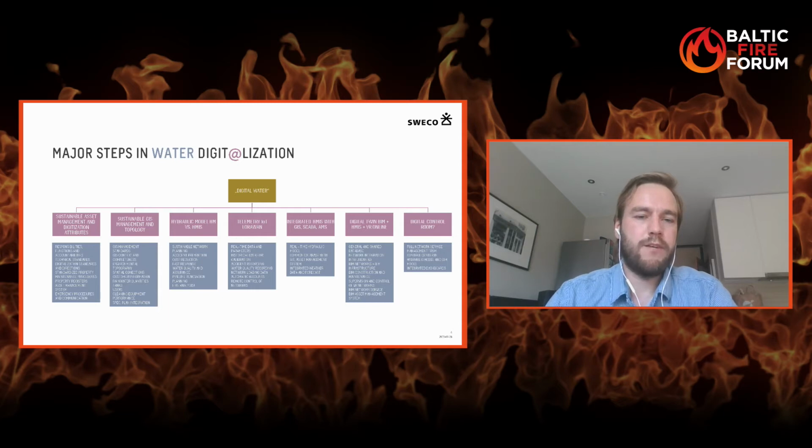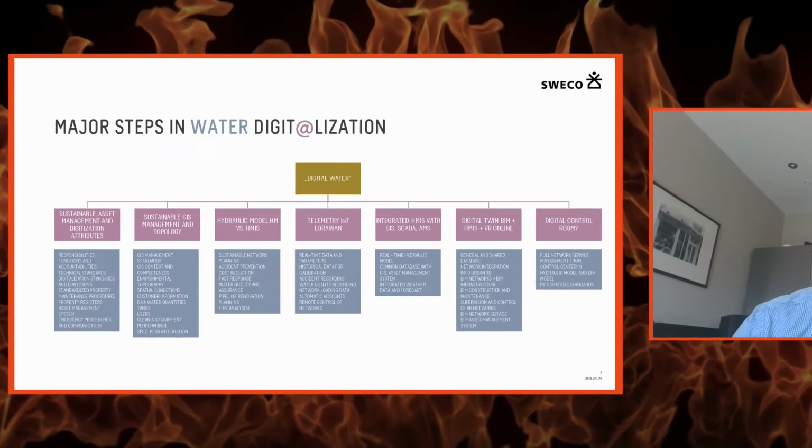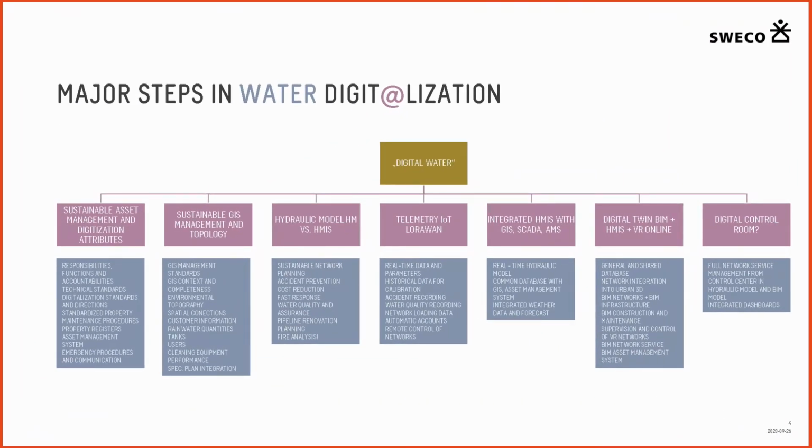And after that, of course, you can make your model, let's say, more live. You can integrate it with GIS, SCADA, or asset management systems. You can integrate it with BIM, building information models. Then you can have a real digital water model.